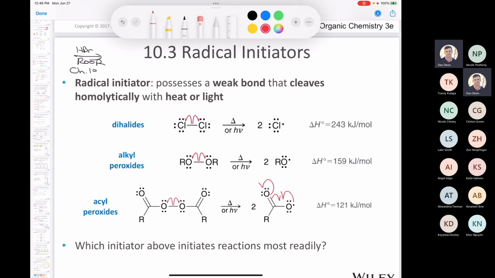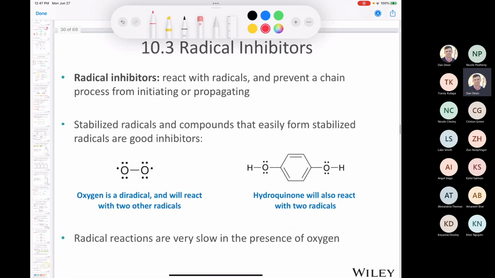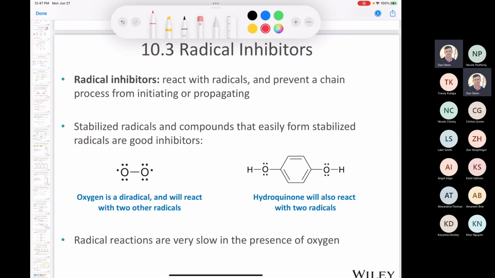Acyl peroxides. What's next? The whole section on radical inhibitors. I'm not really all that worried about radical inhibitors. We could take a quick peek at it. A radical inhibitor, you can imagine, is something that prevents radicals. It says they react with radicals and prevent the chain process from initiating or propagating.